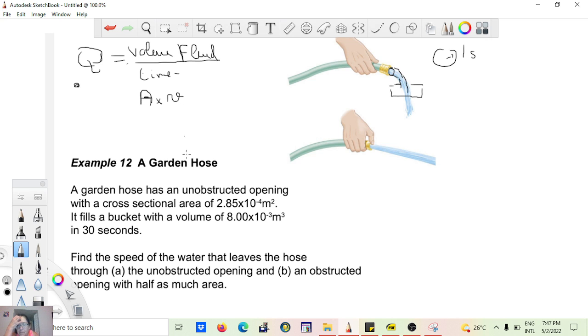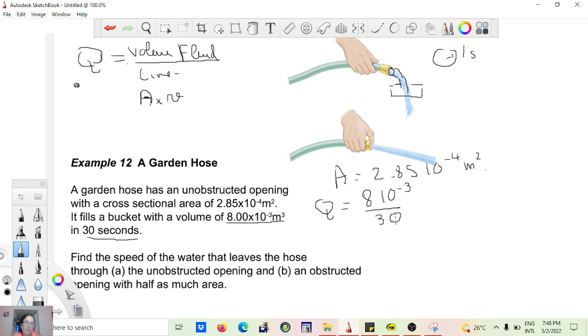Okay. So here we have the area equals 2.85 times 10 to the negative 5 meters squared. And the rate at which it's filling the bucket, so that's going to be Q. It has a volume of 8 times 10 to the negative 3 cubic meters in a time of 30 seconds.